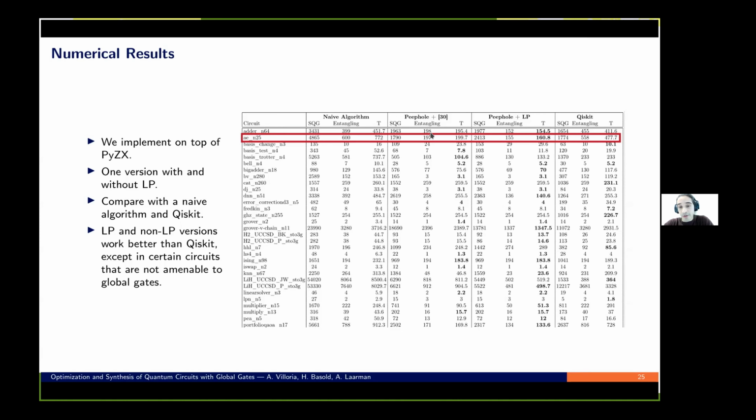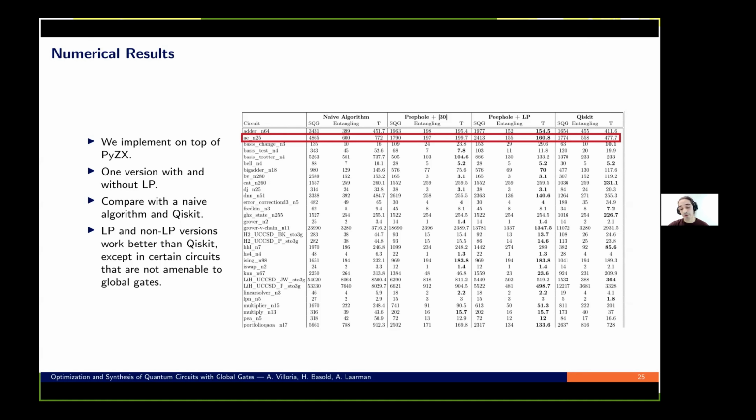Followed closely by the peephole with the PyZX algorithm, and then usually it goes Qiskit and then the naive algorithm. But in certain cases, Qiskit can work better because it has a better single qubit gate optimizer.